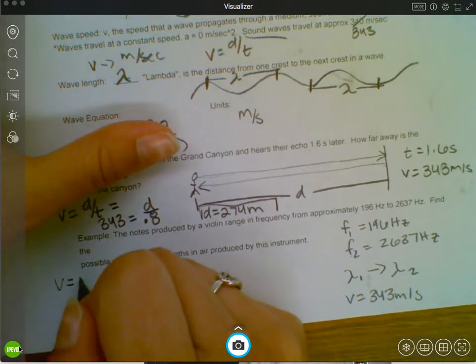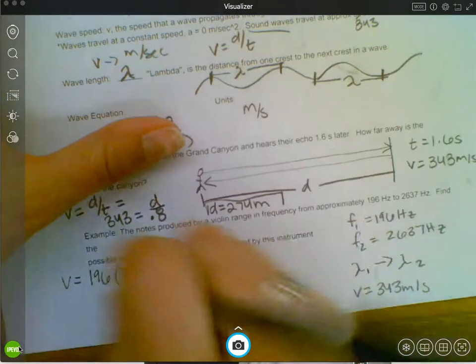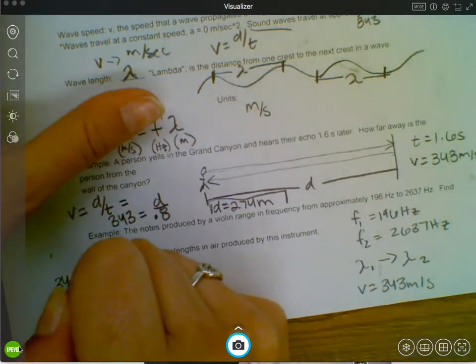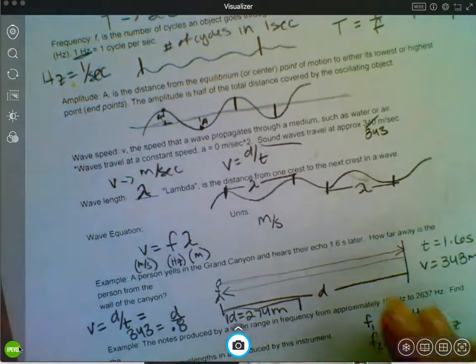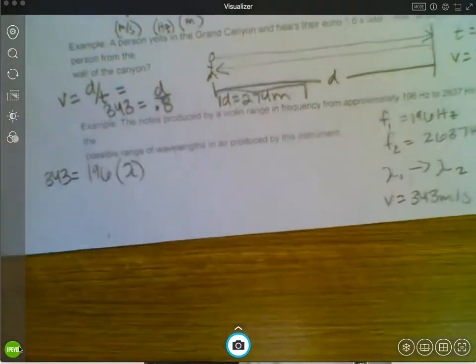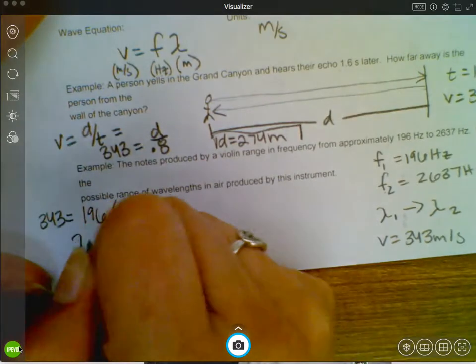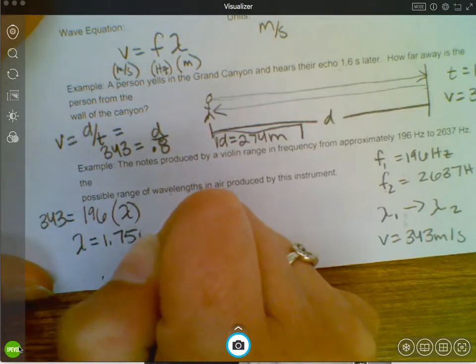We're going to say, if the frequency is 196, then lambda is 343 divided by 196. Which is 1.75. And it's in meters.